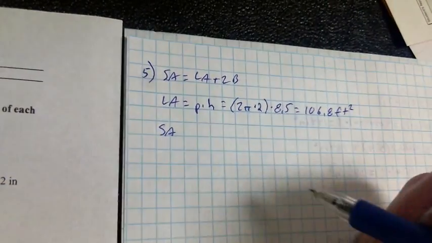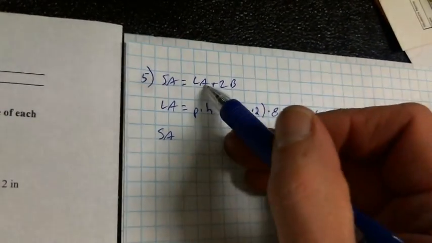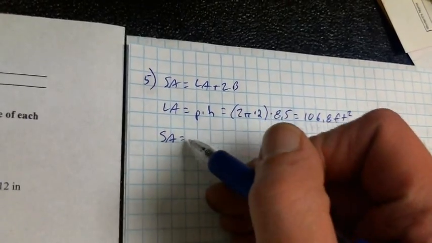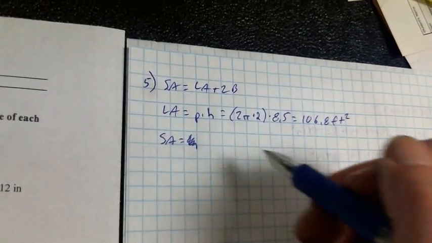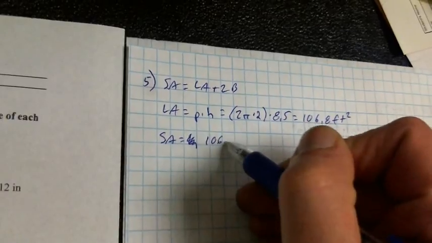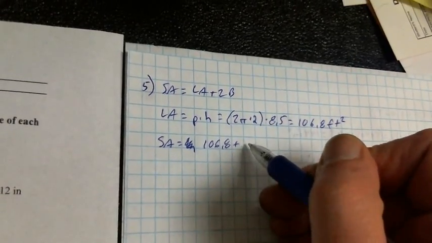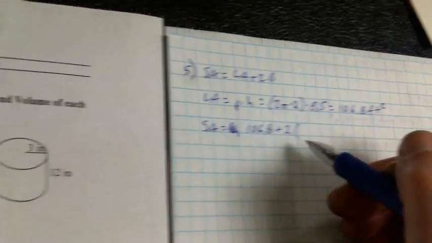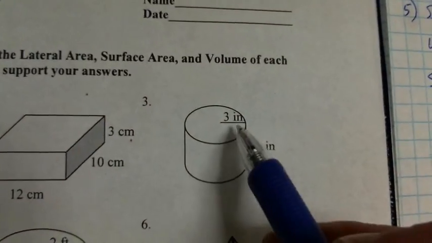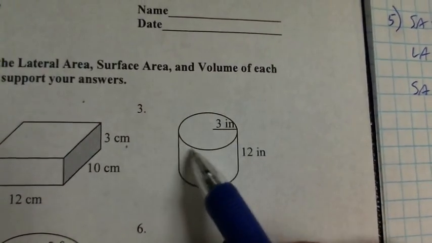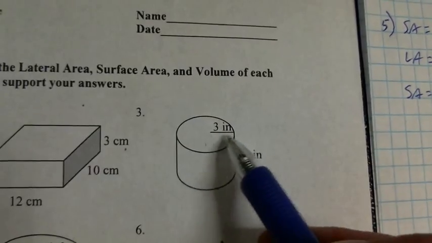Surface area will be our lateral area plus 2 bases. Each base is the area of a circle whose radius is 3 inches.